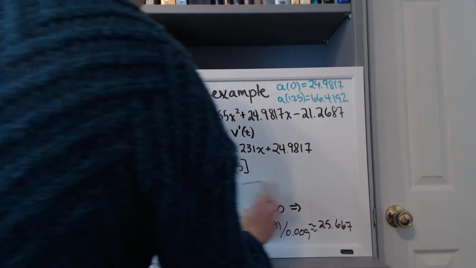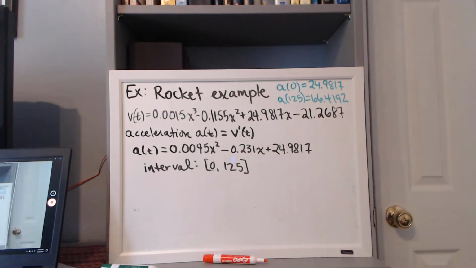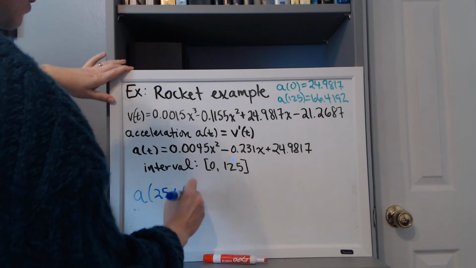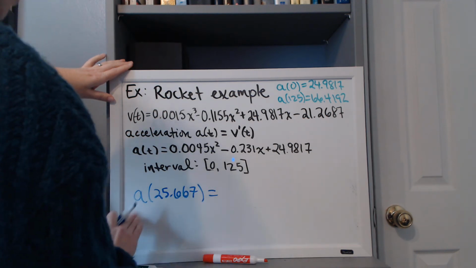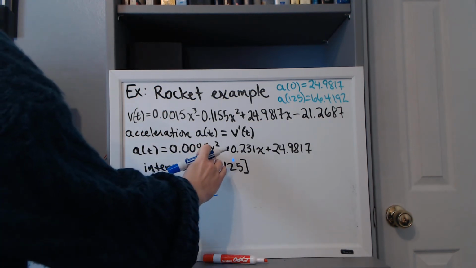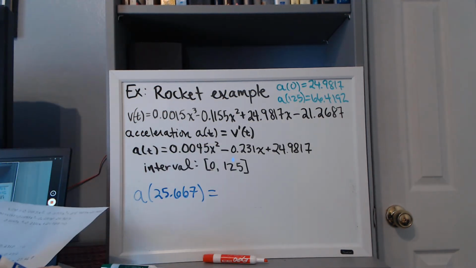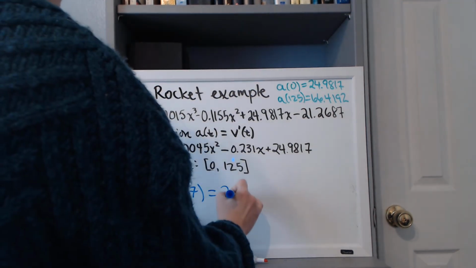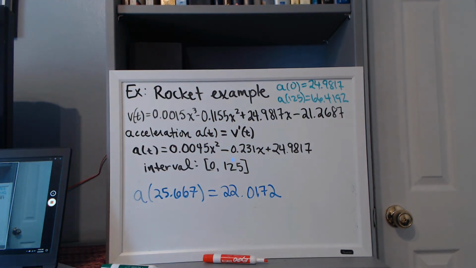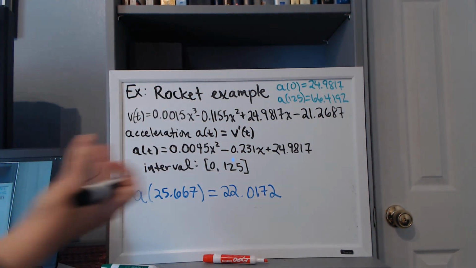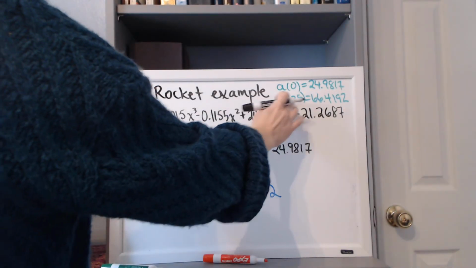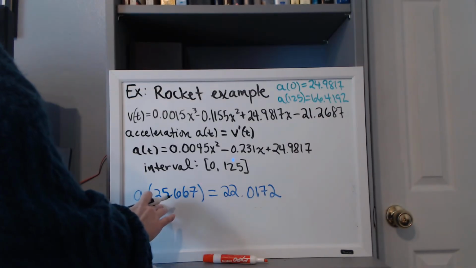So we look at A of 25.667, and again, I've already worked this out, plugging in 25.667 for x here and here, and this gives us 22.0172. Now we're looking for the absolute maximum and absolute minimum accelerations on our interval, so we compare A of 0, A of 125, and A of 25.667.